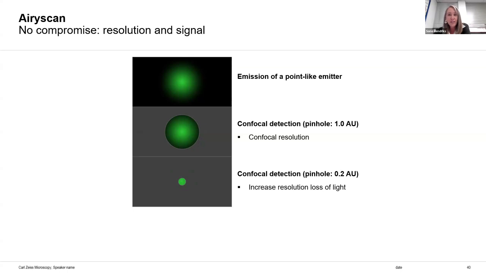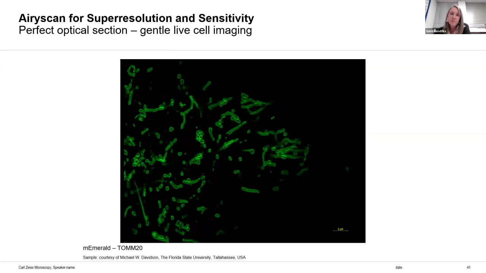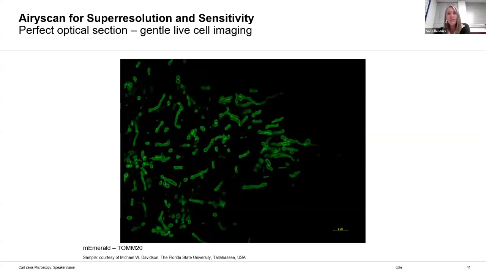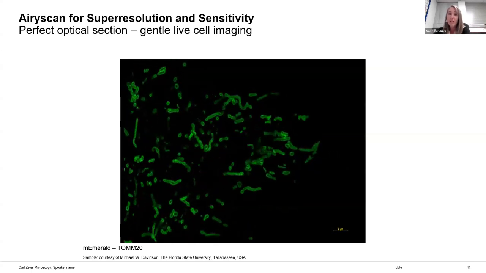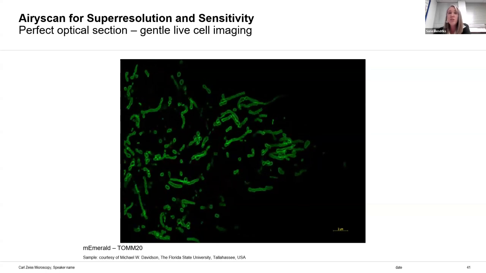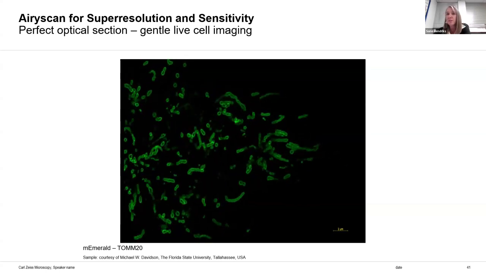Zeiss have therefore developed the Airyscan detector, which allows you to combine the best of both worlds, with each detector element acting as a small pinhole, but the whole detector collecting as much light as possible coming from your sample. This can practically translate to allow you to observe the true structure of, for example, mitochondrial membranes, giving you super resolution in combination with a time series.